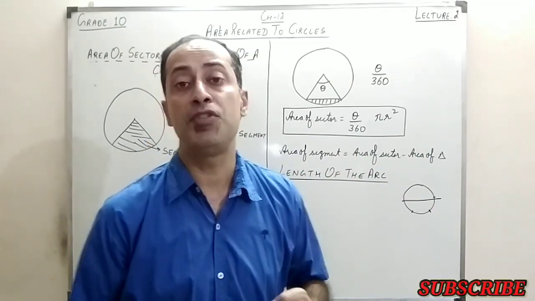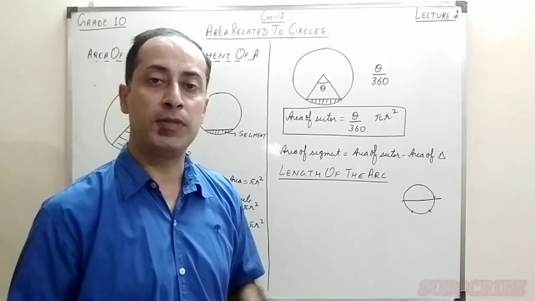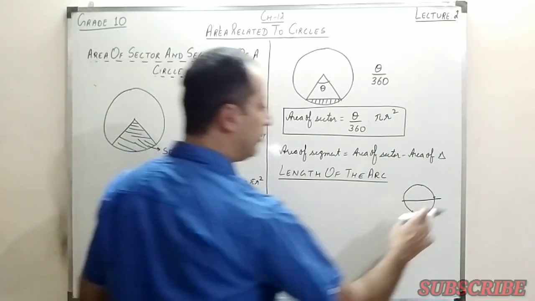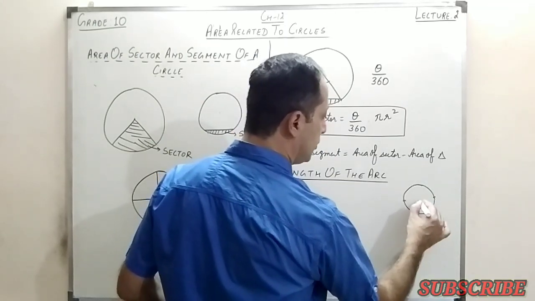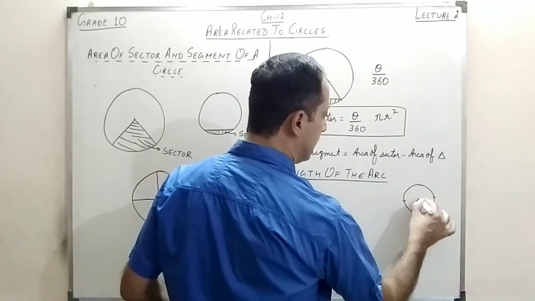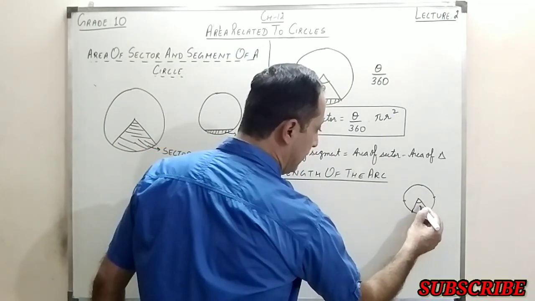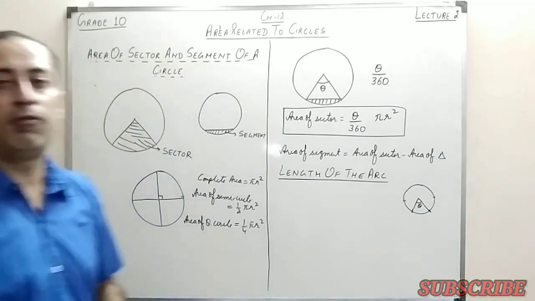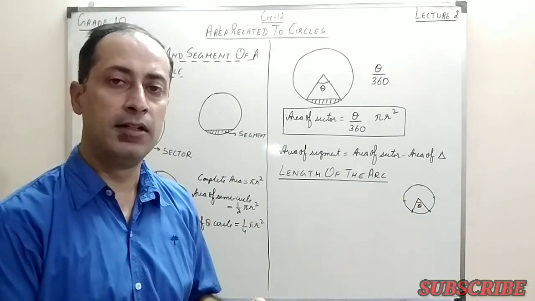But again, I have to generalize to find the length of any part of the arc. Whatever the length of the arc I have to find, we basically join its ends to the center. Again, there is some angle formed here, and from there we can find the fractional part of the circle that this arc is.